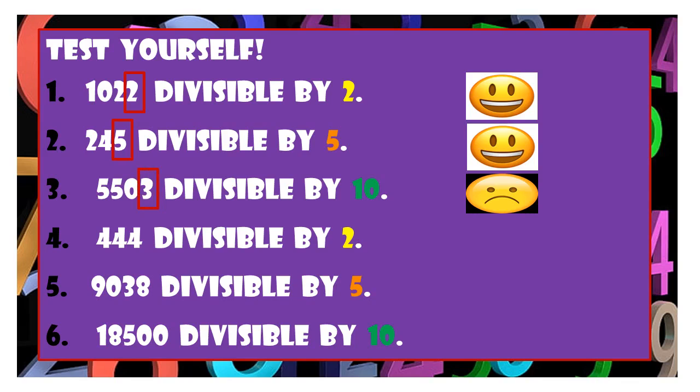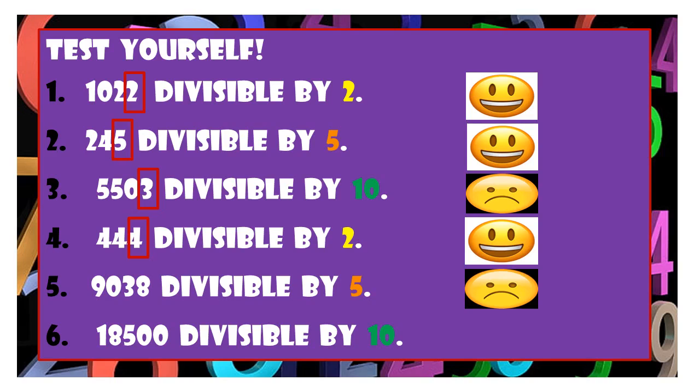How about number 4? 444 divisible by 2. Smiley face because the last digit is an even number, which is 4. How about number 5? 9,038 divisible by 5.